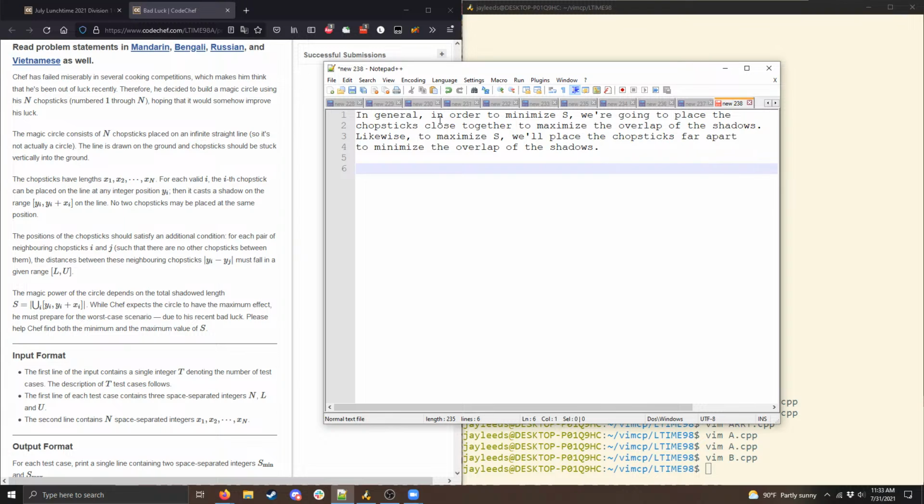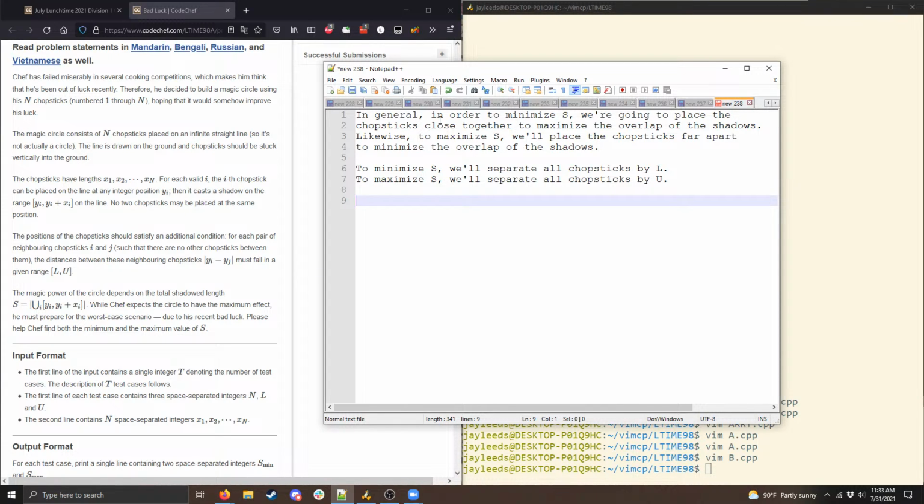Equivalently, to minimize S, we'll separate all chopsticks by L. To maximize S, we'll separate all chopsticks by U. Okay.